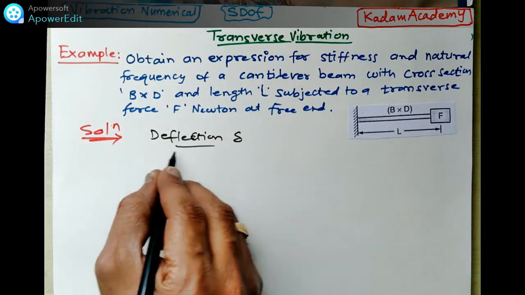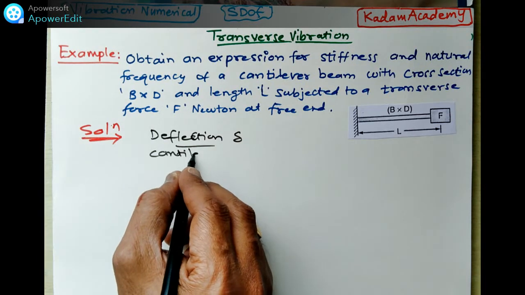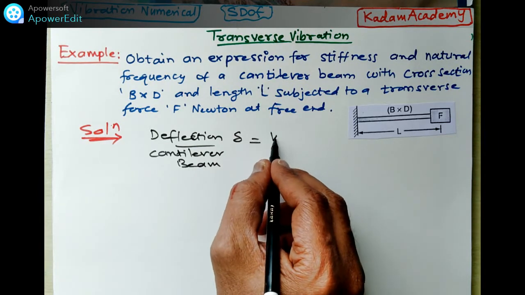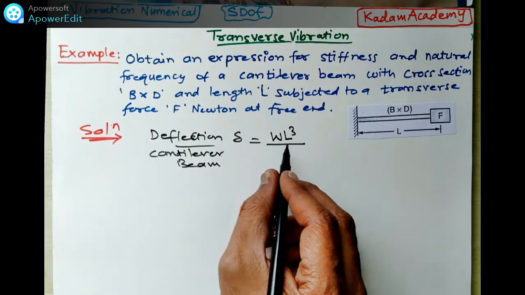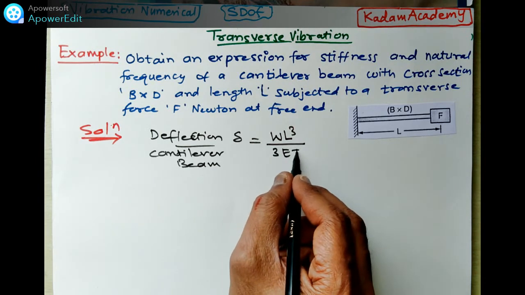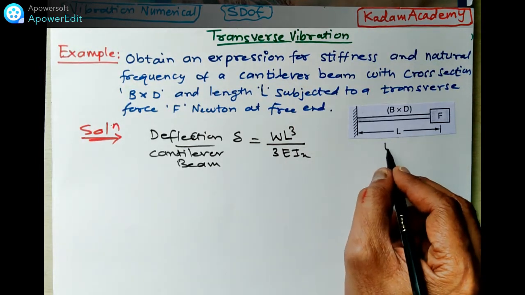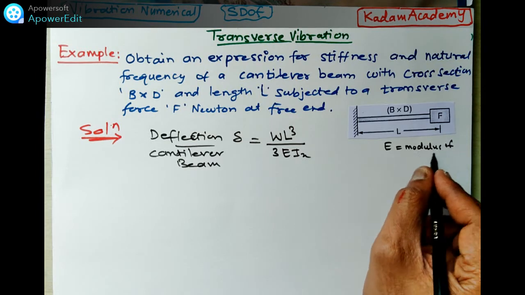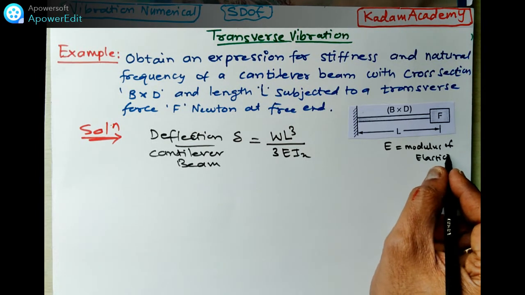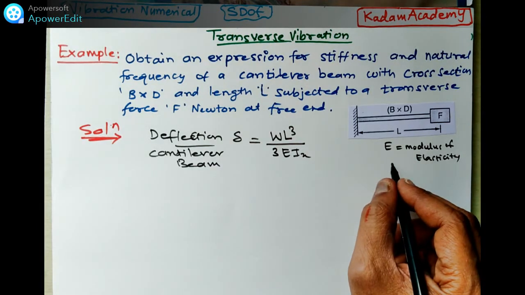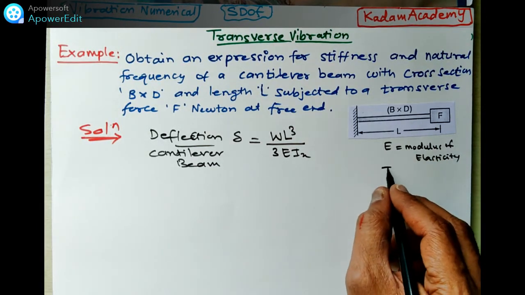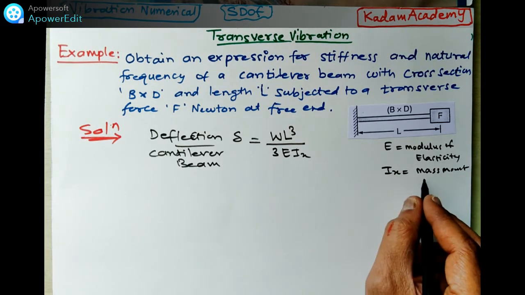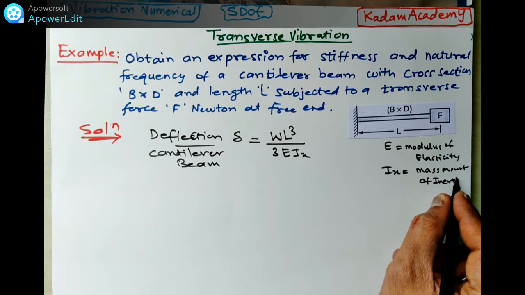So the deflection of this cantilever beam, del, becomes WL cube in the denominator 3EIx, where E is the modulus of elasticity for this beam, L is the total length, and Ix is the mass moment of inertia.